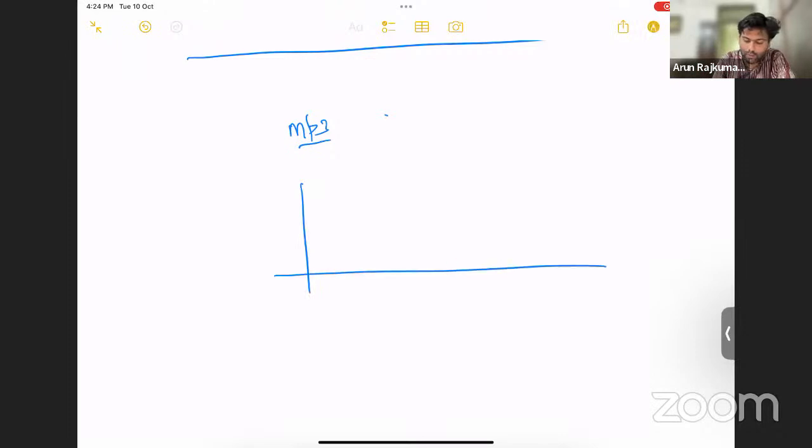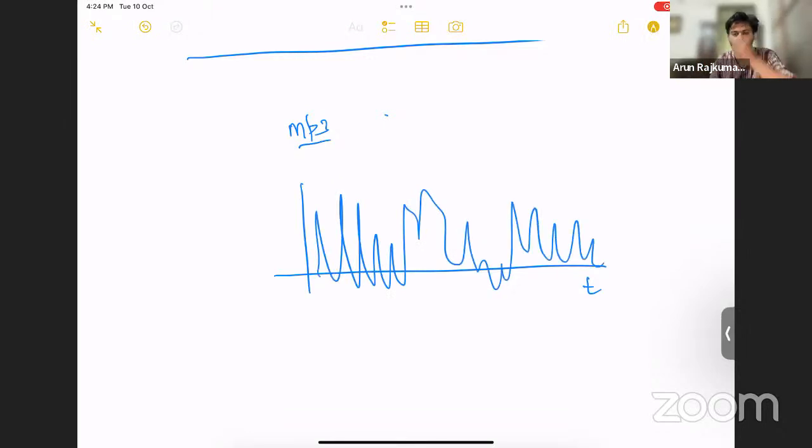As a function of time, if you try to plot the signal, I'll get some waveform like this. Now this waveform has both voice plus instrument.